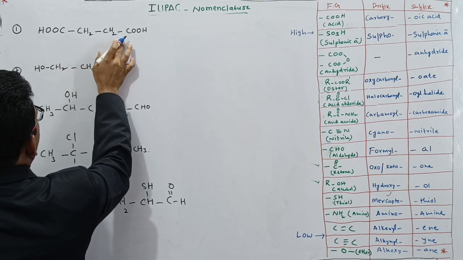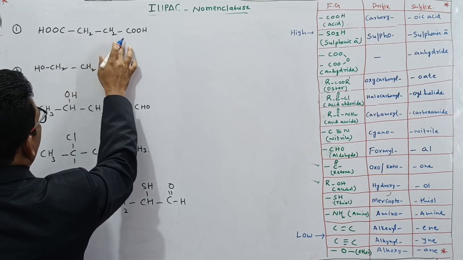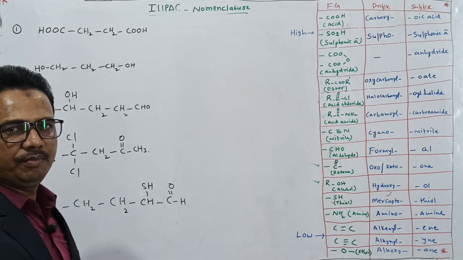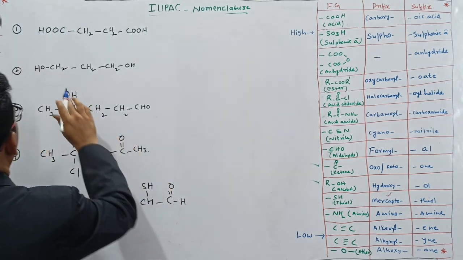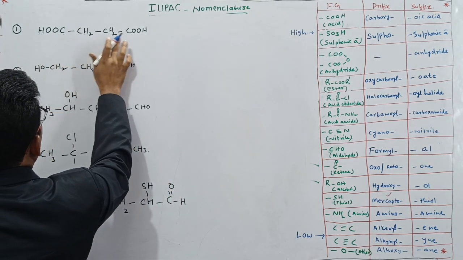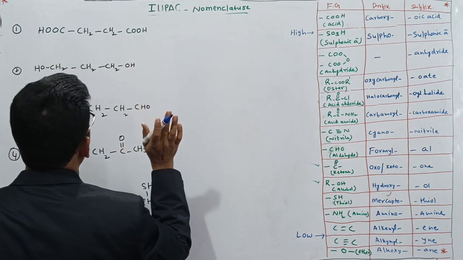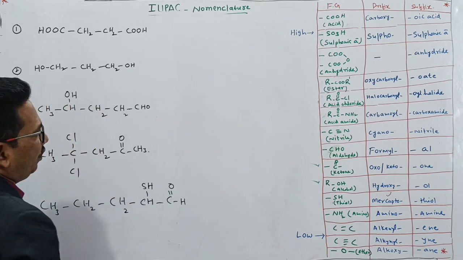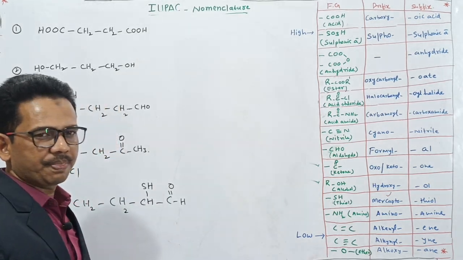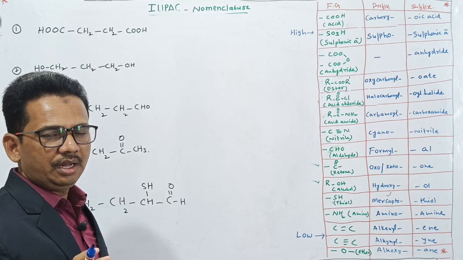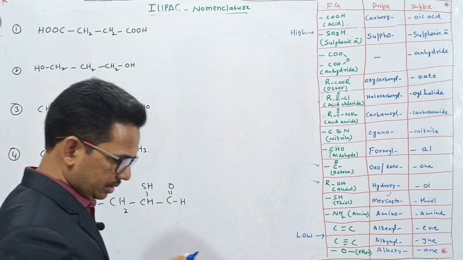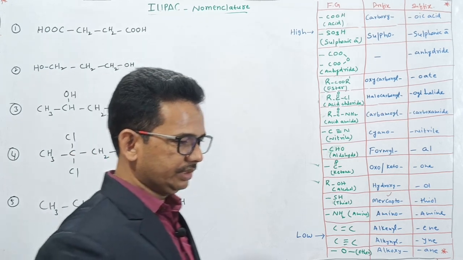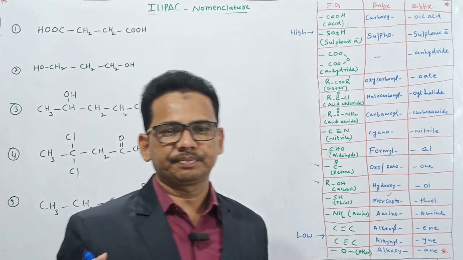How many carbons are there in this case? Whenever we are going to give the name, first we have to choose the longest chain of carbon. Total 1, 2, 3, 4, 4 carbons are there. Is it right? Already I told in my initial videos, in case of 4 carbons, what are we writing?